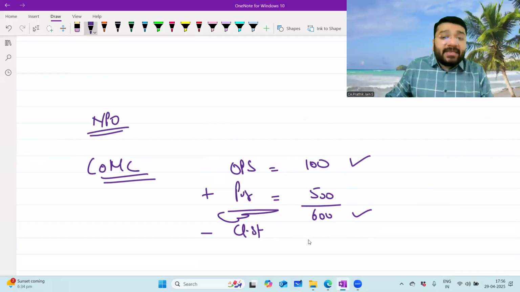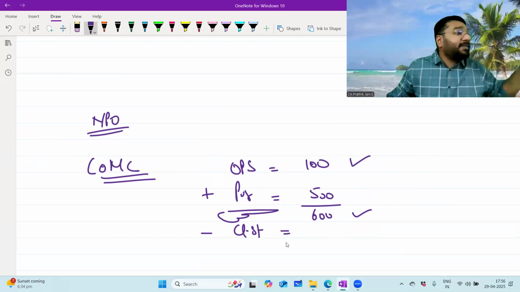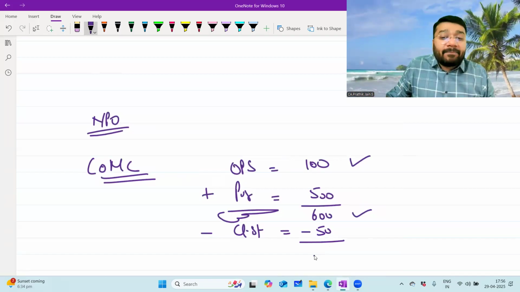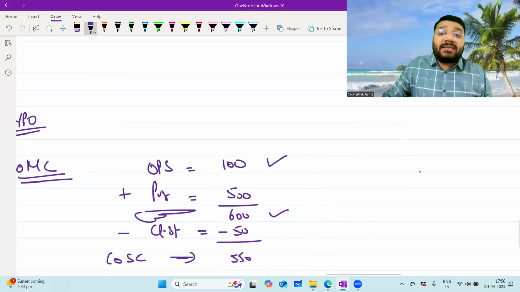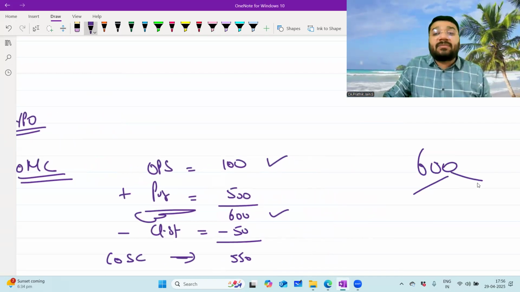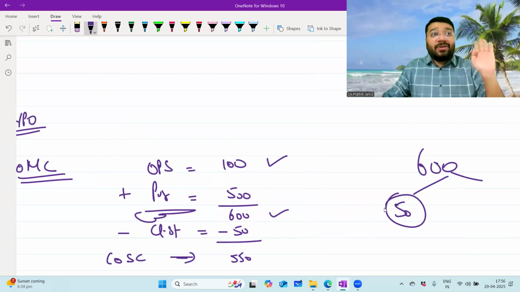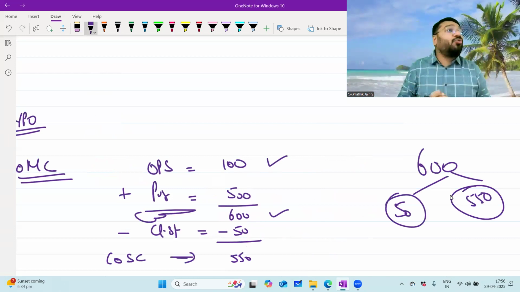But out of the 600, if 50 rupee worth of stationery is not consumed, you minus it. So minus closing stock of stationery. So this is 550. This is called cost of stationery consumed. So now 600 rupees is my total stationery expense. In that, 50 rupees is the cost of stationery which is not consumed. So balance 550 is what? Cost of stationery which is consumed.